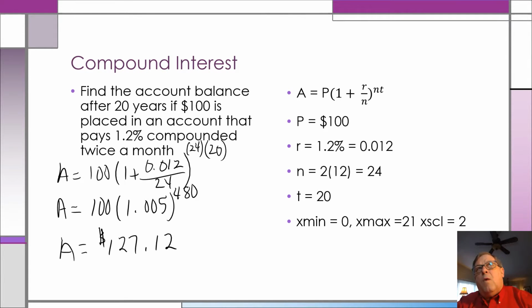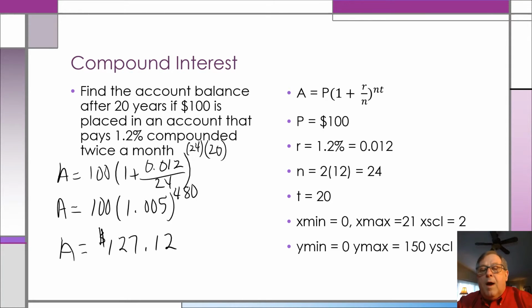And now let's think about Y minimum. Y minimum is going to be the amount of money with respect to time. Well, let's see. I shouldn't have less money than I started with because I do have at least a positive interest rate.